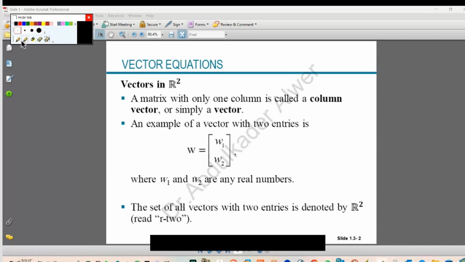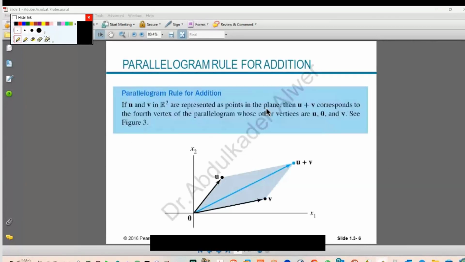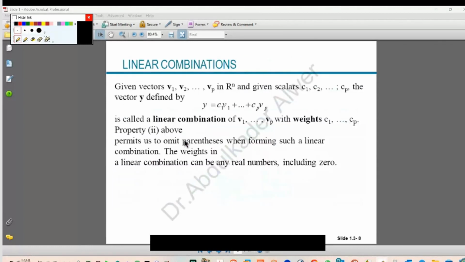I guess you studied before how we can write vectors, and also in physics, how we can, for example, add two vectors together. I don't need this. I will go from this one.